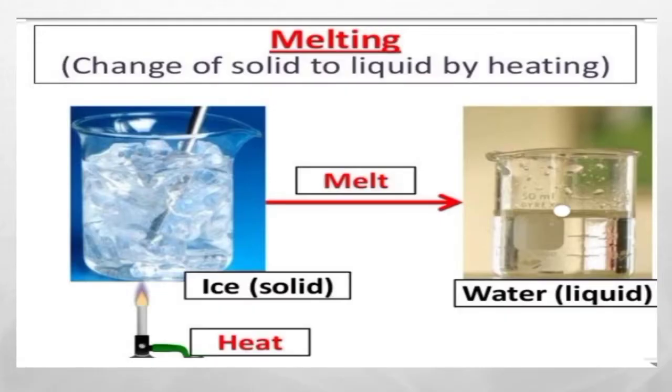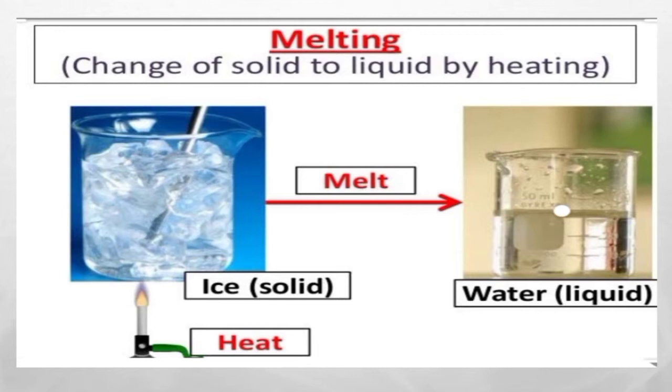The process by which a solid changes into a liquid is called melting. Let's take some ice cubes and heat them in a beaker. What you notice after a while is that the ice cubes are dissolving in their own liquid.